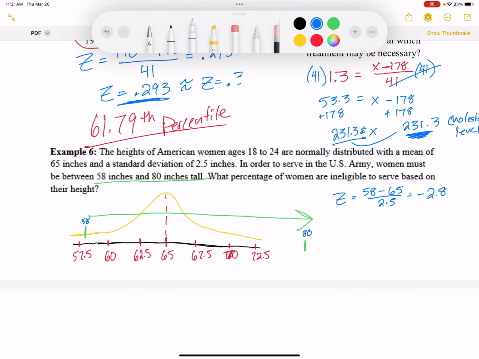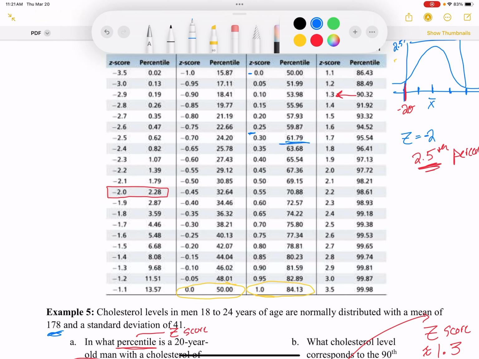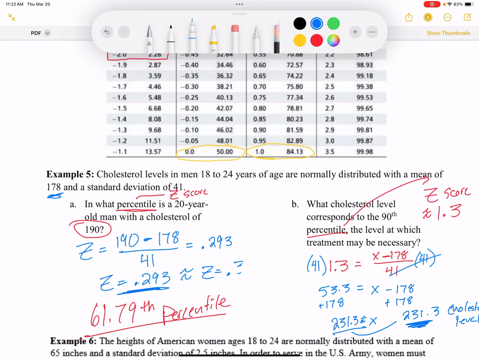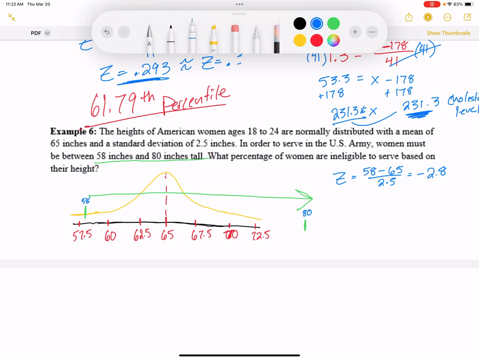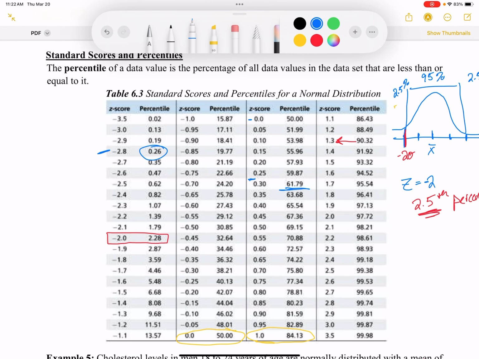So that means that 58 is 2.8 standard deviations below the mean. So almost all women can serve, but not everybody. Let's go to the table. So 2.8 below right here means the 0.26 percentile. So how many people are ineligible?